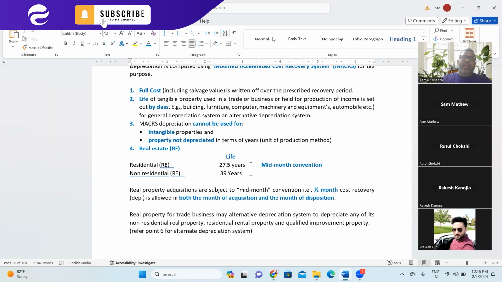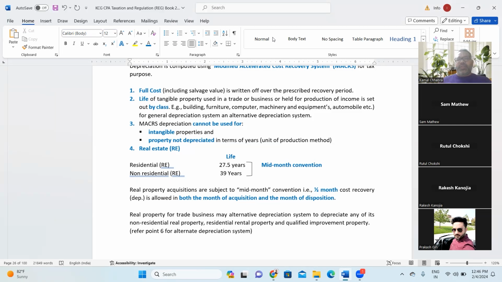The life is defined in the IRC as 27.5 years and 39 years, which we have discussed. And then we discussed the mid-month convention method used for real property. So mark this: mid-month convention method is used only for real property, not for personal property.